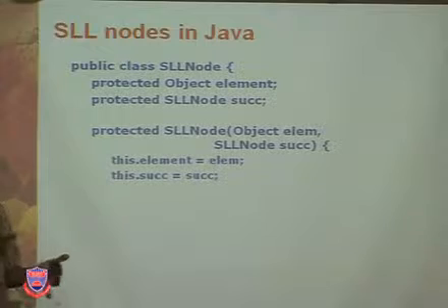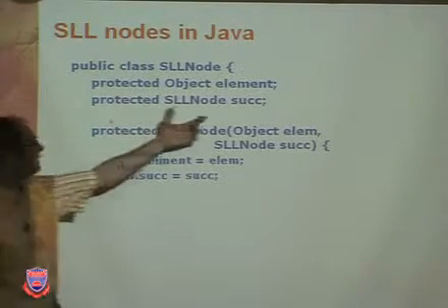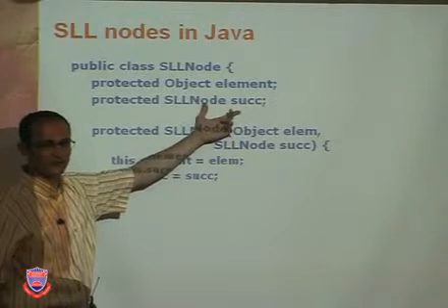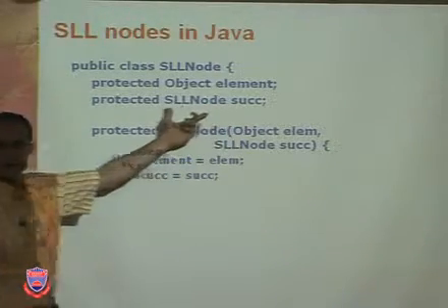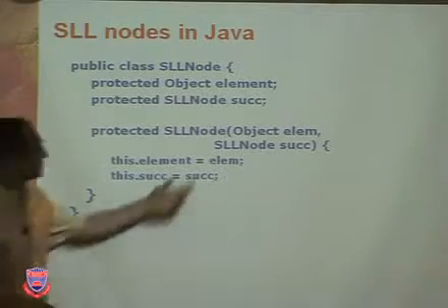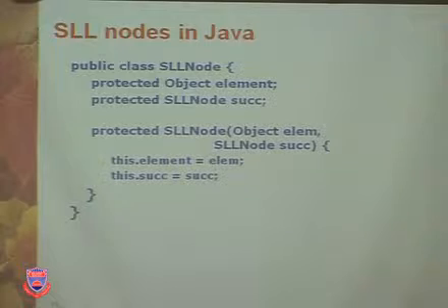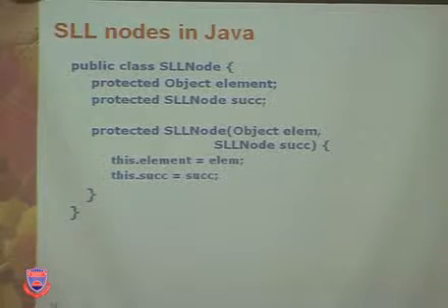It could be an integer, a string, or any type of thing that you would like to refer to. And then you have the successor or next defined by a variable in the implementation. This shows the constructor, which takes the object and the successor, so you can set the corresponding instance variables to those values.